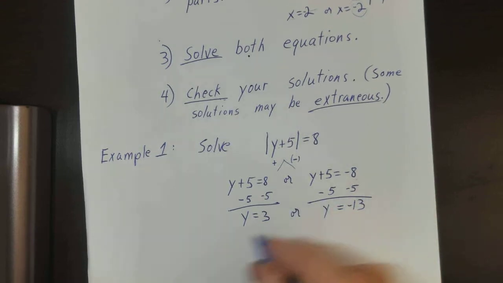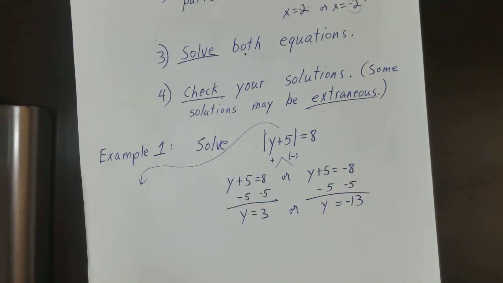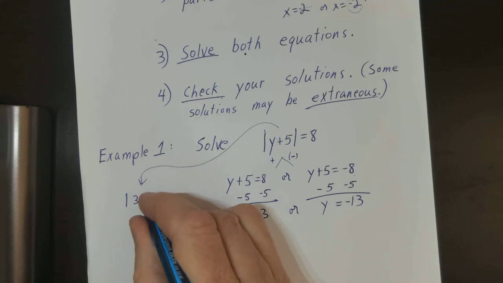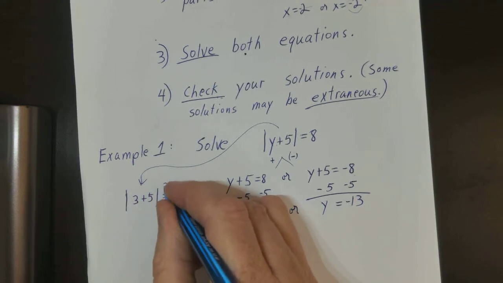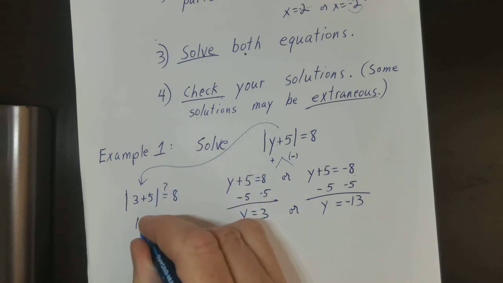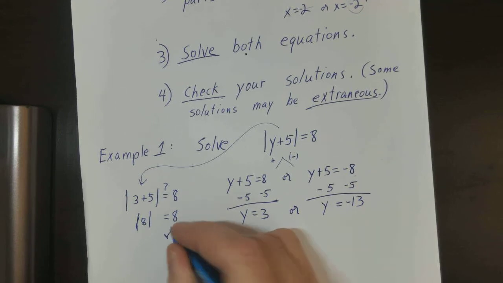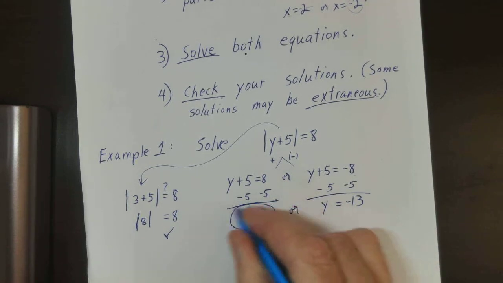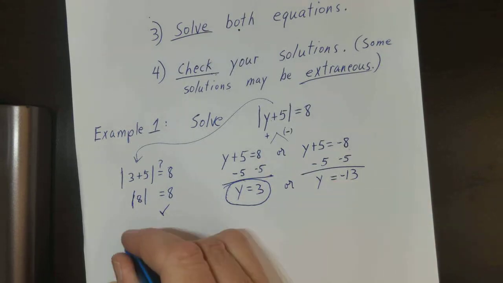Now I'm going to check. And you check in your original equation. Does the absolute value of 3 plus 5 equal 8? Well, this is the absolute value of 8. Does that equal 8? And the answer is yes, it does. So I'm going to circle y equals 3. Now I'm going to check negative 13.